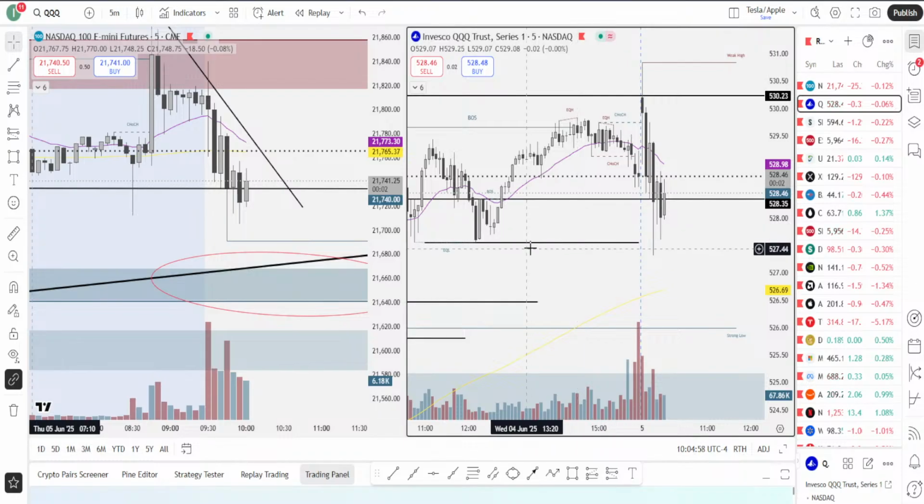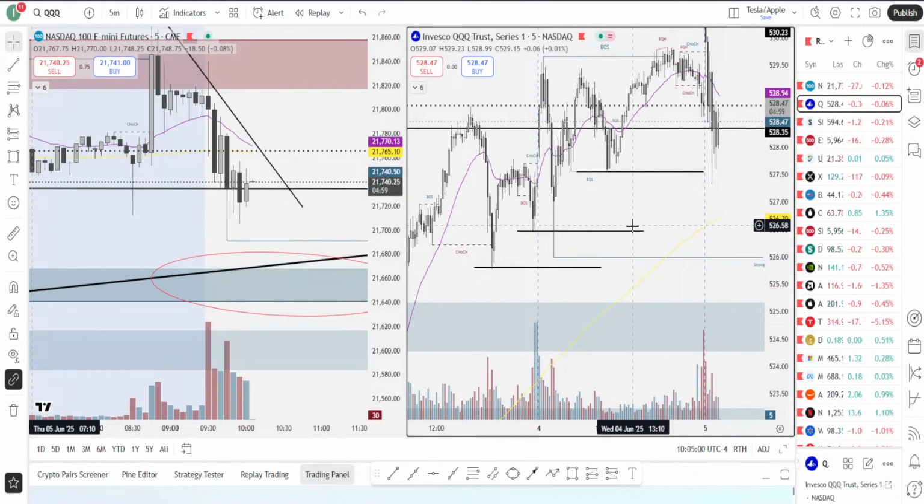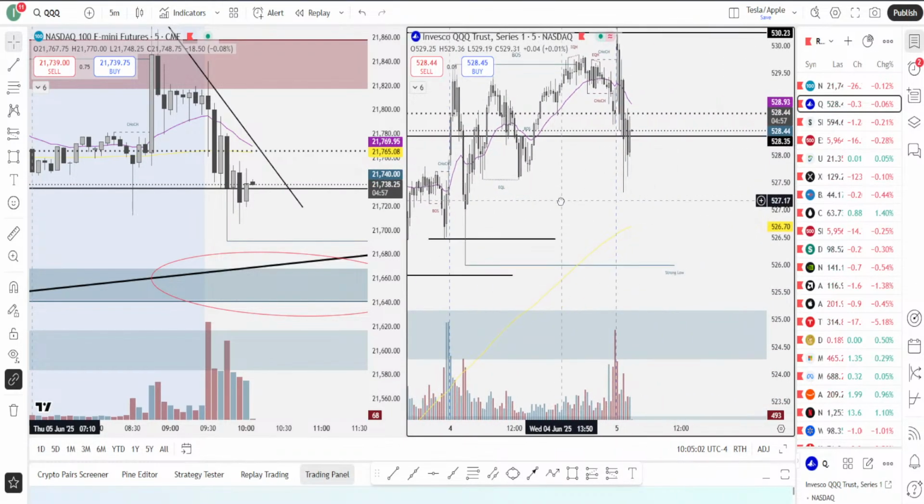Need this line. Go ahead and erase everything here that we no longer need.